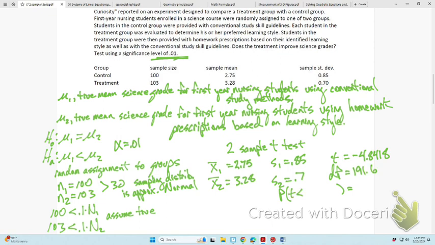We know the proportion of t's smaller than negative 4.8418 is approximately 0. P is less than alpha. That causes us to reject. I'm going to use a different color. Reject H0.